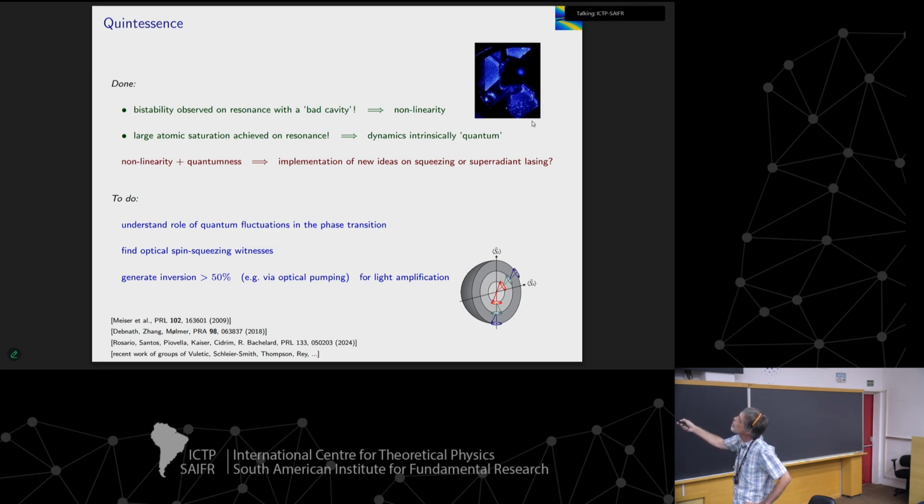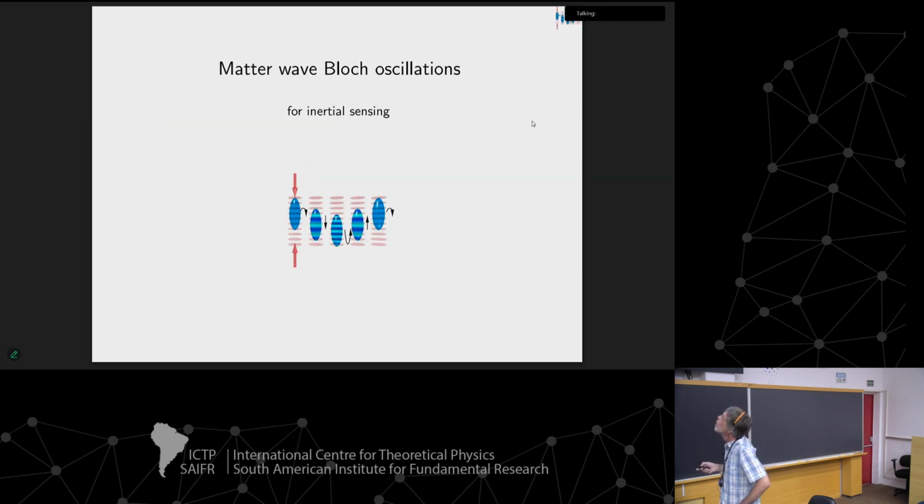Okay, and then what we need to do, we have to understand better the quantum fluctuations, the phase transition between the two states. We have to find optical spin squeezing witnesses, which might be a complicated feature, and we would like to be able to generate a real inversion of the atoms in order to be able to have superradiant lasing at some point.